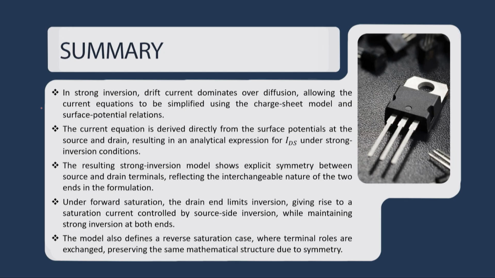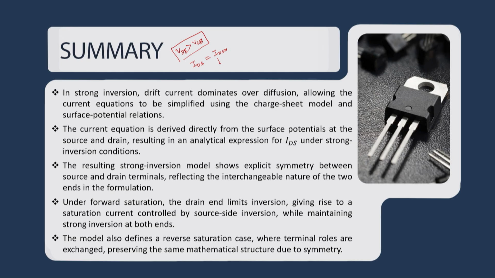So let me summarize this lecture. We have seen that we do have a few different regions of operation like strong inversion, weak inversion, moderate inversion. In this lecture we have discussed the strong inversion region of operation extensively, considering that VDB is increased over VSB but not to that value such that pinch off occurs. Below pinch off we have defined that the drift current is dominating, and hence IDS is given by IDSN.